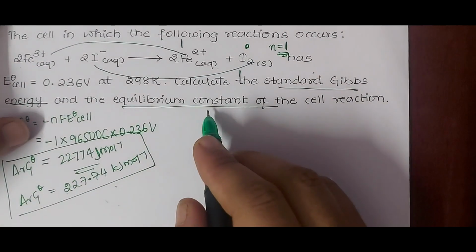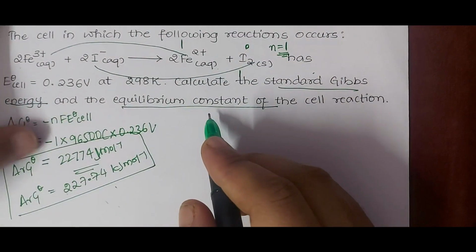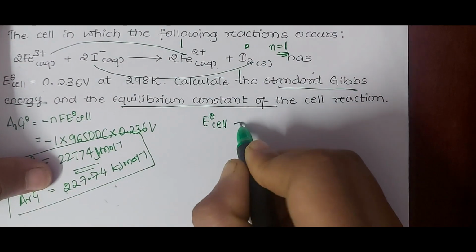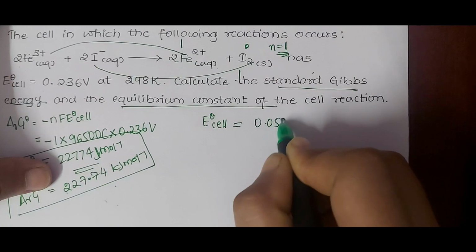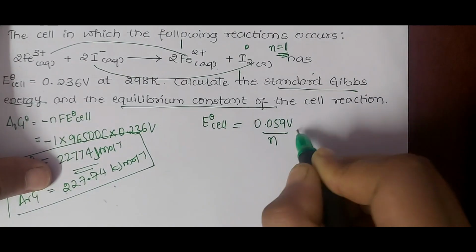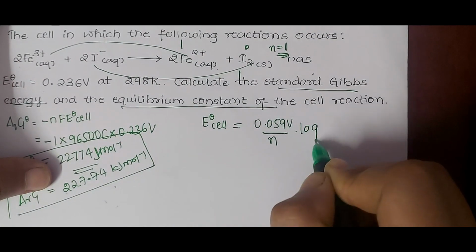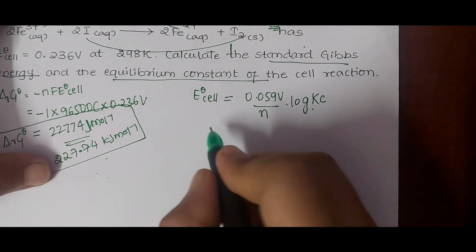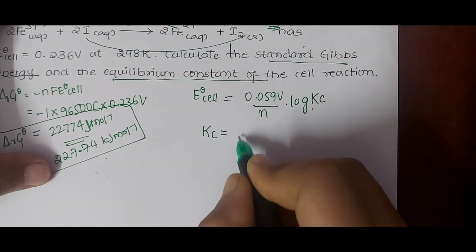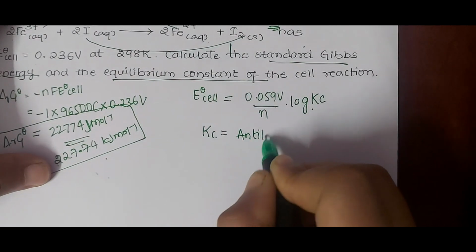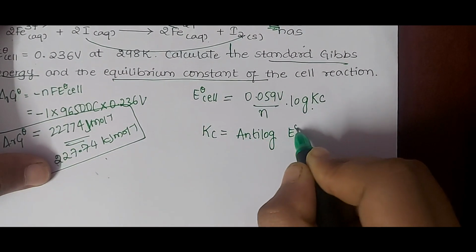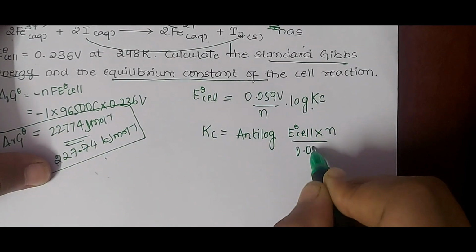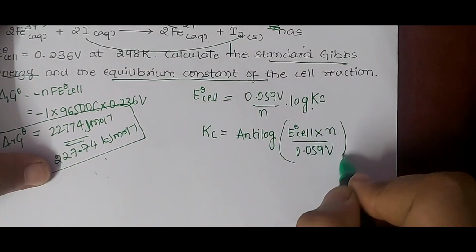Next we'll go with equilibrium constant. The equation to calculate equilibrium constant we had written as E naught cell equal to 0.059 volt divided by N into log Kc, where Kc is your equilibrium constant. When we rearrange, we get Kc is equal to antilog of E naught cell into N divided by 0.059 volt.